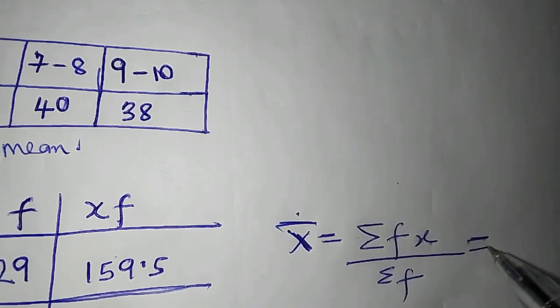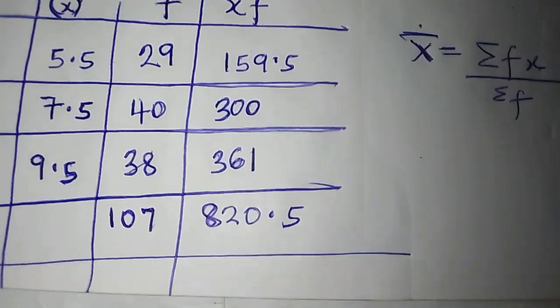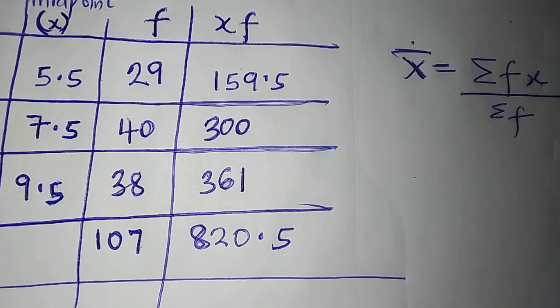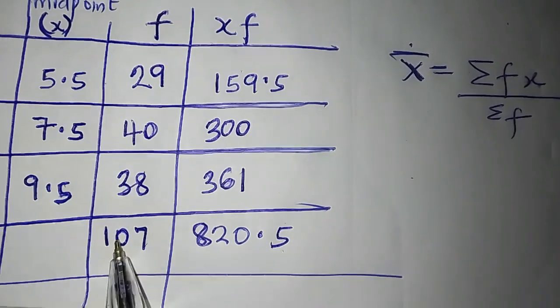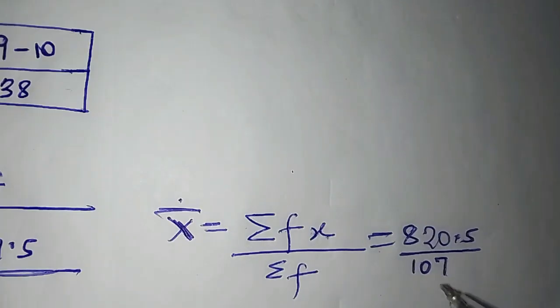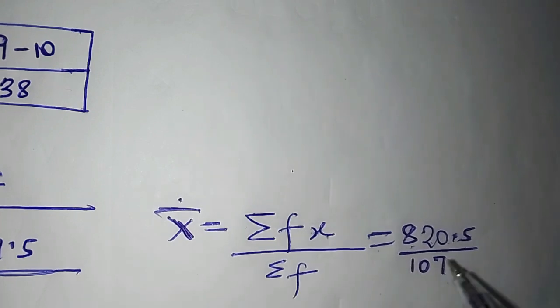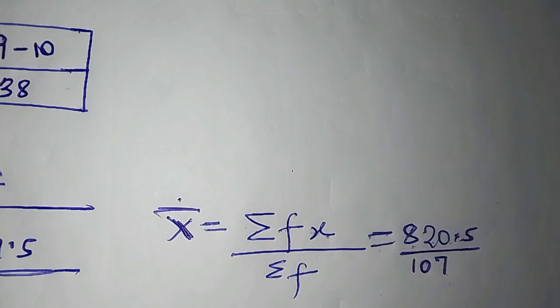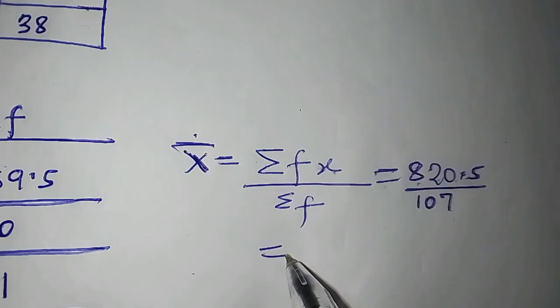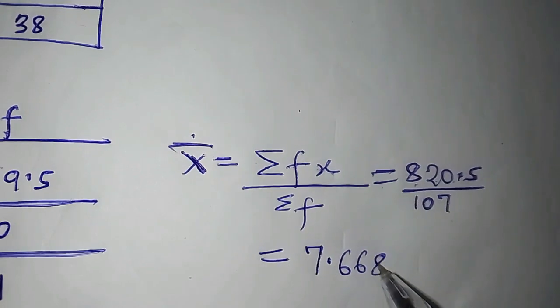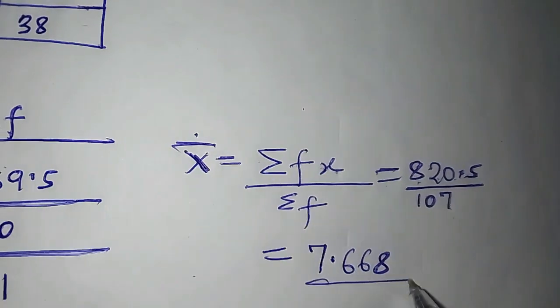Based on what we did, our summation fx is 820.5 and our summation f is 107. So we have 820.5 divided by 107, and that is equal to 7.668.